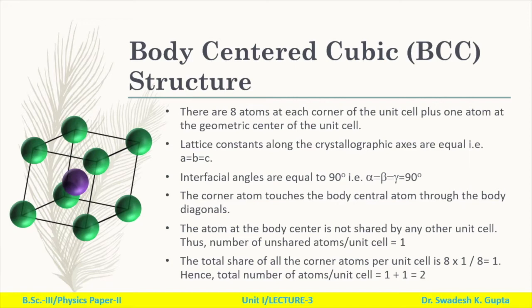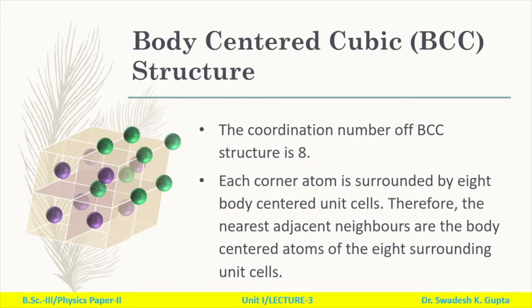So there is one unshared atom belonging to the unit cell, which is the body centered atom, and one shared atom from the 8 corners, and so the total number of atoms per unit cell is 2 for the body centered cubic structure. We can also call it BCC.